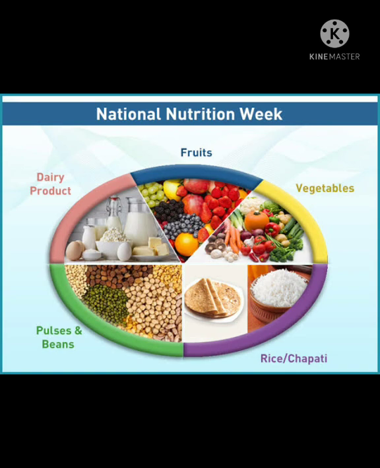Pulses and beans contain proteins. Dairy products contain fats and proteins. The food that contains all the nutrients like carbohydrates, proteins, fats, vitamins and minerals in proper proportions is called a balanced diet. Everyone requires a balanced diet.